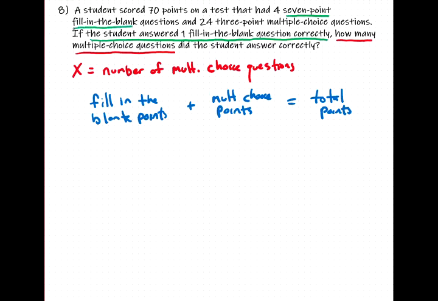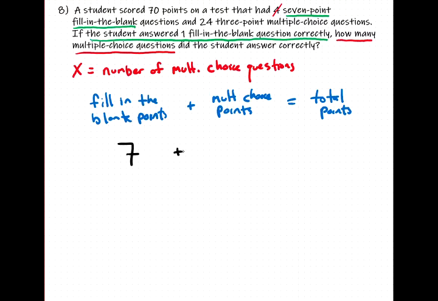The fact that there were 4 of them on the test doesn't matter. All we care about is how many were correct. So I'm going to cross out that 4 because it's extra information we don't need. There's 4 of these types of problems on the test. Only one of them was answered correctly. That's the one we care about. They're worth 7 points apiece. So the points coming from those fill-in-the-blank problems, well, there's 7 points.